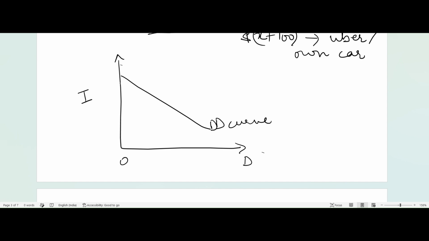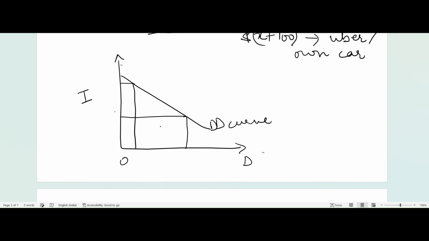As my income increases, I demand less of bus. As my income decreases, I demand more of bus. All right. Again, I am underlining the fact that the prices are constant over here. Okay, no change in the prices. We are just looking at the relationship between income and demand for certain products.